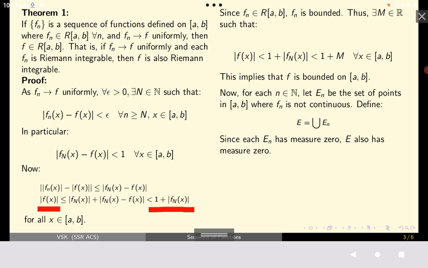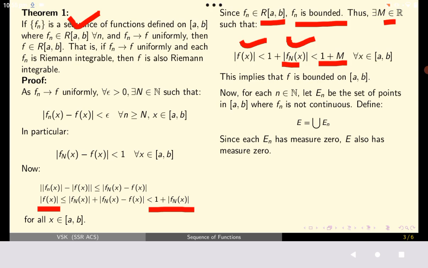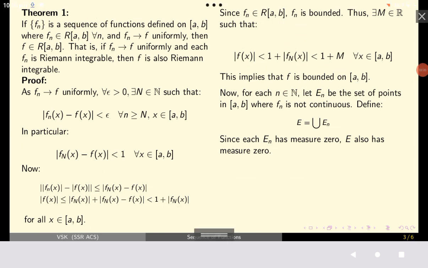Now since each Fn is Riemann integrable, which is given over here, FN is bounded. That means we can find an M such that modulus of F(x) is less than or equal to 1 plus modulus FN(x), and that is less than 1 plus M. That is, we suppose that because FN(x) is bounded, it should be less than M. And finally we got that modulus of F(x) is less than a constant 1 plus M. This implies F is bounded on [a, b].